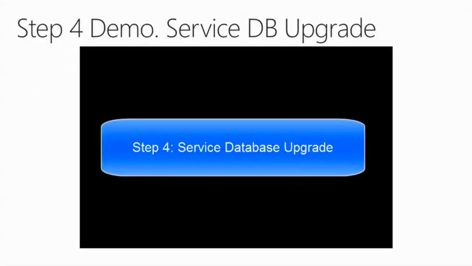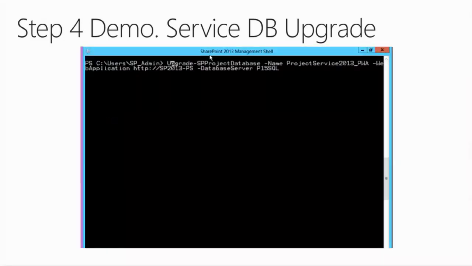So this is how the actual commandlet will look. There's the commandlet that you would type in. After that is the dash name, and that's where you put your project service database in. Your web application is there afterwards, and your database server.